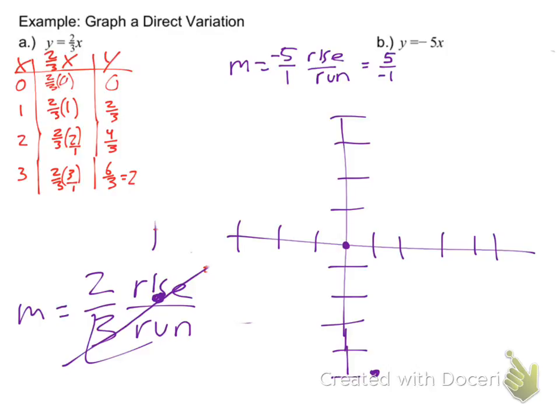That would be the same thing. But if it's 5 over negative 1 now, I will move which way? Left. Gotta be careful. Go up 5 first and then left 1. So 1, 2, 3, 4, 5, and back 1.